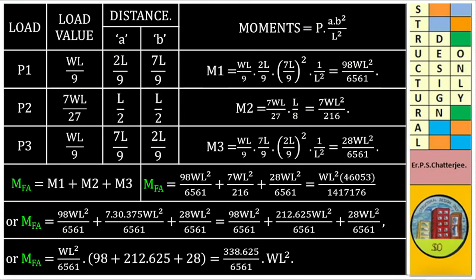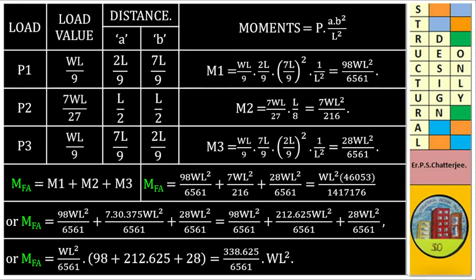This chart shows that this is P1, load value WL by 9, distance from A is equal to 2L by 9, B is equal to 7L by 9. P2 is equal to 7WL by 27, A is equal to L by 2, and B is equal to L by 2. P3 is WL by 9, and distances from left hand support and right hand support are 7L by 9 and 2L by 9.